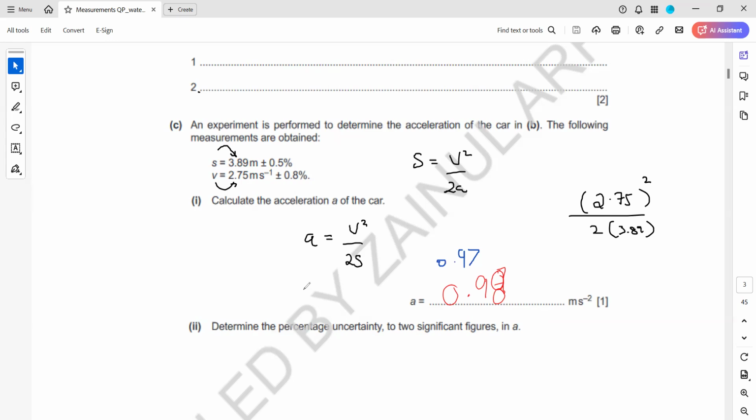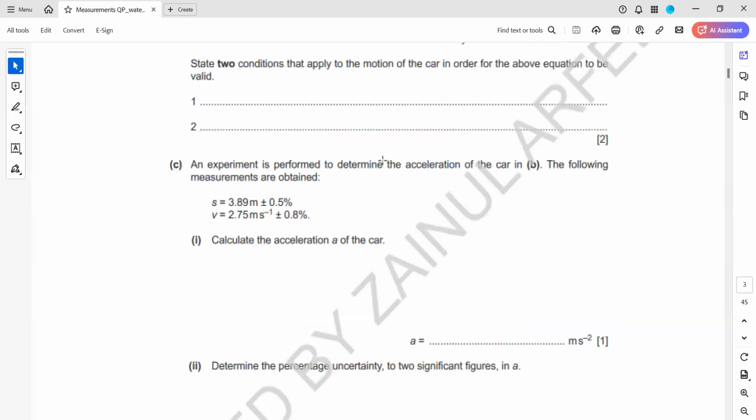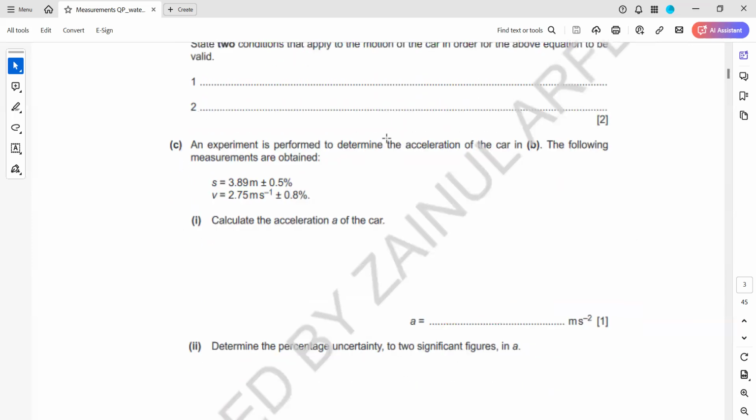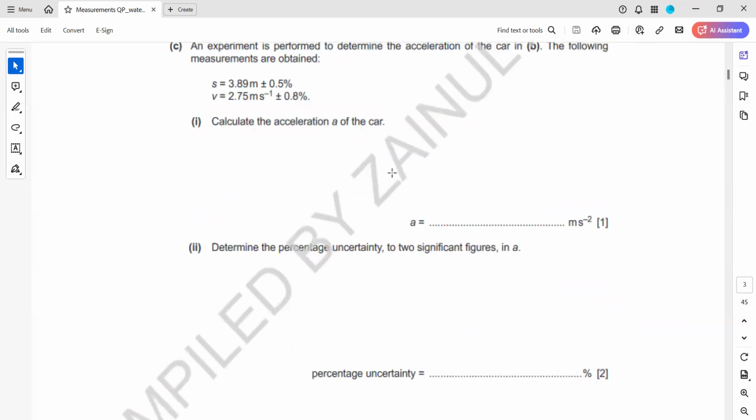The next is determine the percentage uncertainty to two significant figures in the acceleration. So how is the acceleration calculated? We calculated the acceleration by using the formula a equals v squared over 2s. We need the percentage uncertainty in a.